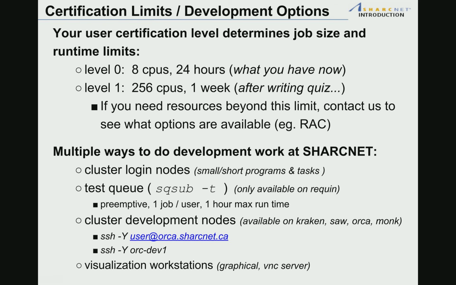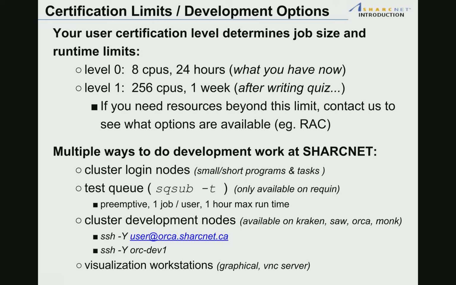There are certification limits and development options. Your user certification level determines the job size and runtime limits that you have. Users with a brand new account prior to completing the user quiz have level 0. This gives you access to 8 CPUs and 24 hours.